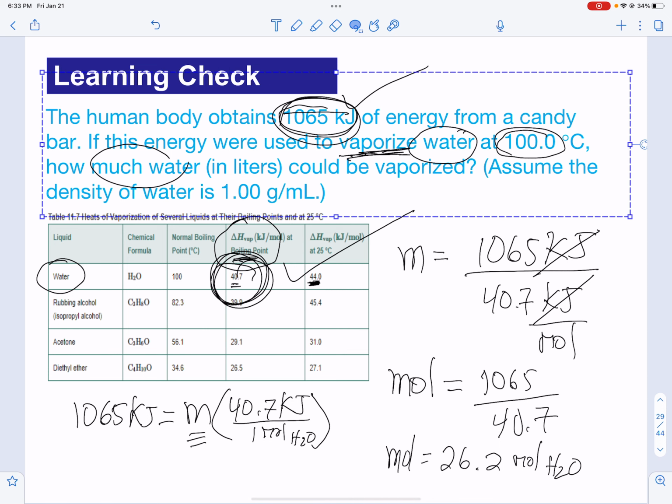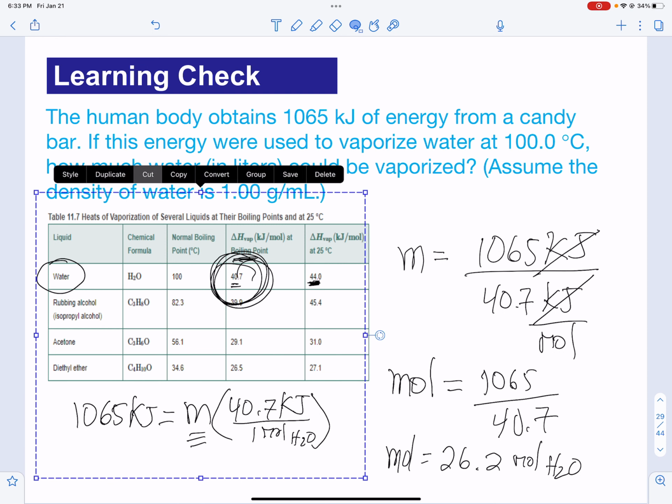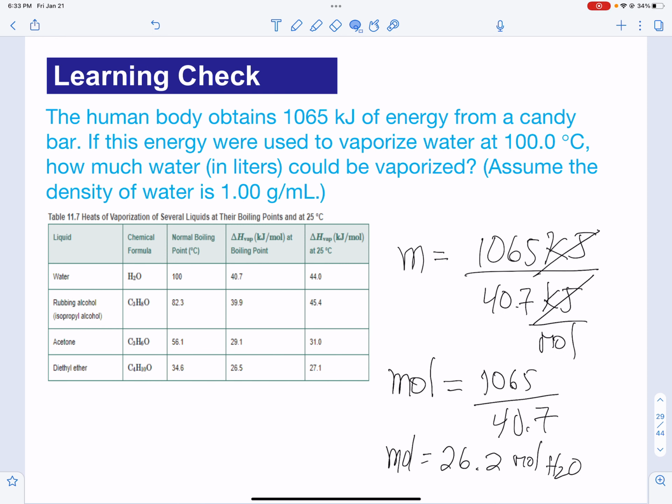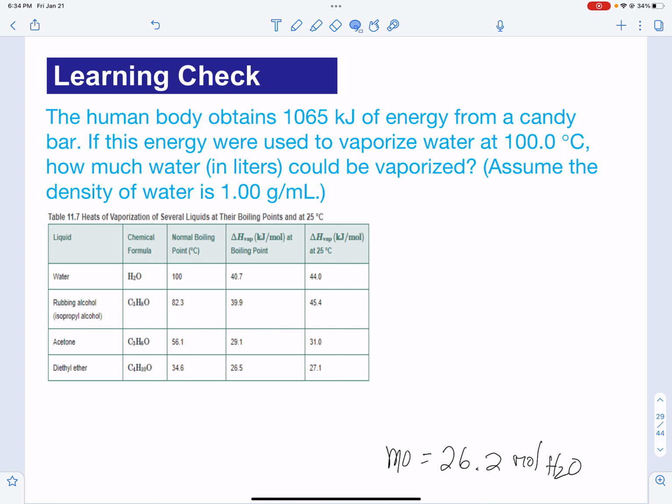But that's not what the problem is asking. Let me clear the screen a little bit. So we know we have moles of water equals 26.2. But that's not what the problem is asking.